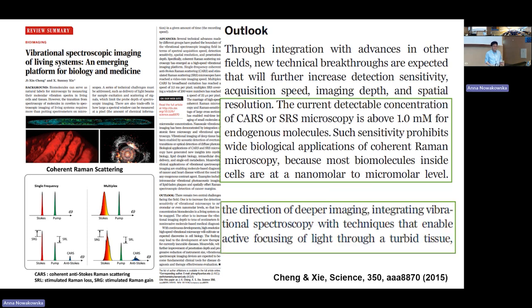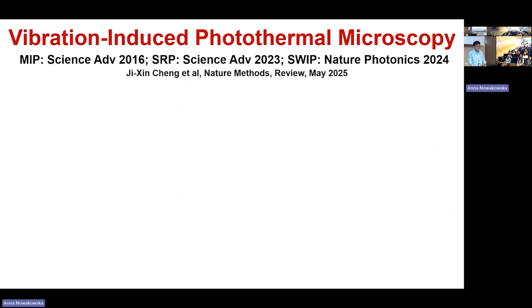And second, the imaging depth is only under 100 micron, and that's not sufficient to image an organelle, to image molecules that deep under the tissue for in vivo diagnosis. So over the past 20 years, my group has invented a new method of chemical imaging in order to overcome these fundamental limitations. And we call it vibration-induced photothermal microscopy.